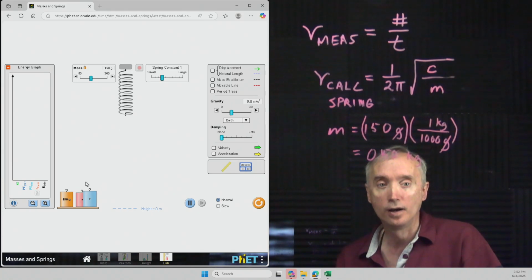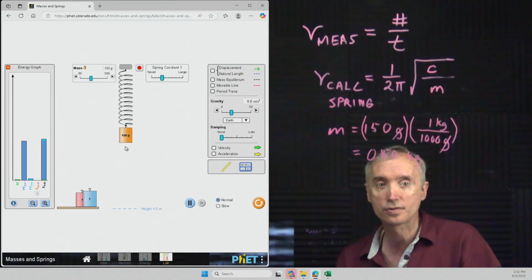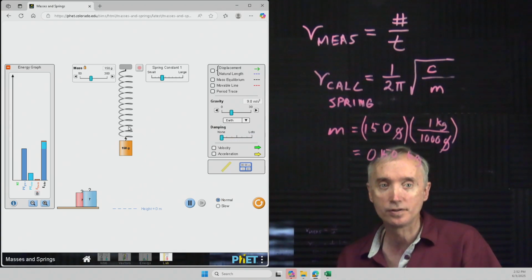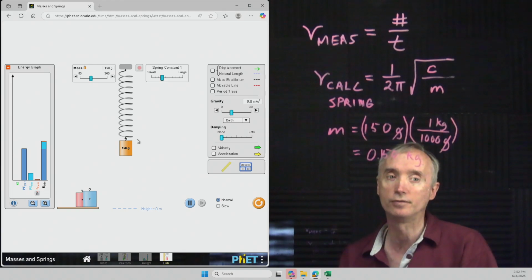Okay, now we're going to take this mass here, and we're going to put it up there, and you can see that it's going to stretch it out. Actually, let's put a lot of damping on it, so I need for it to come to a stop. Alright, so there. You see that by putting the mass on the end of the spring, it stretched it out.